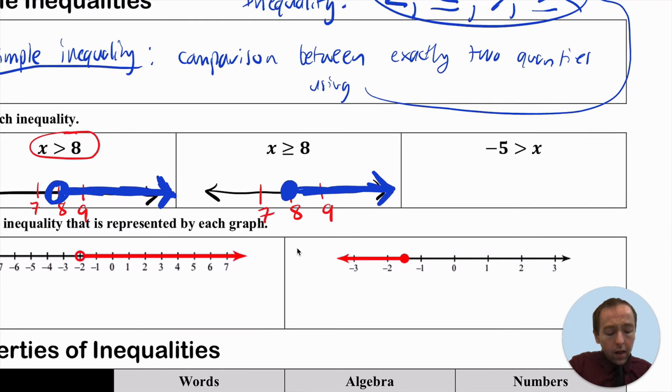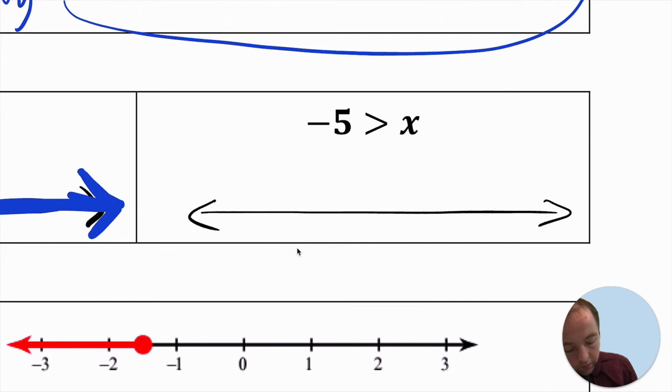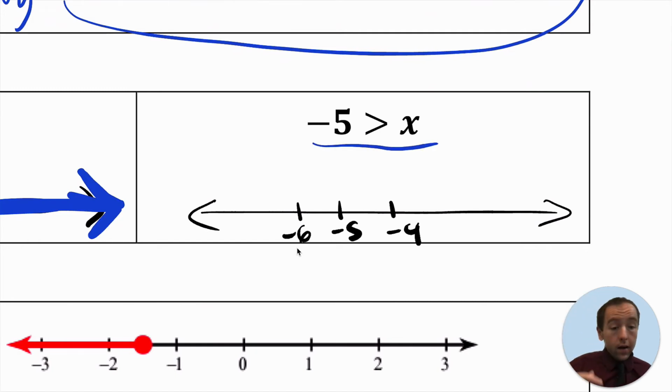All right, and then the last one, I just wanted to throw one where we've got x on the other side. If you think about it, it says that -5 has to be bigger than your numbers x. So if we plot out a real number line and we put -5, -6 is smaller, -4 is bigger, this is saying that -5 has to be bigger than x, which means that x has to be smaller than -5, right?